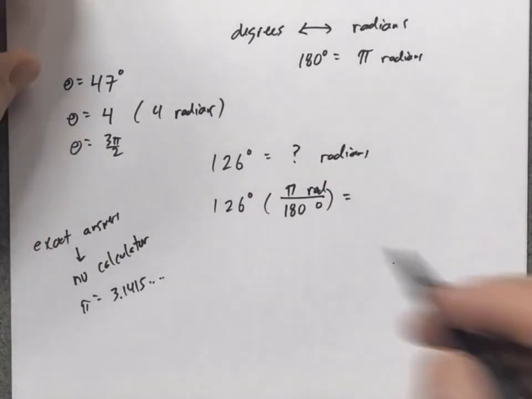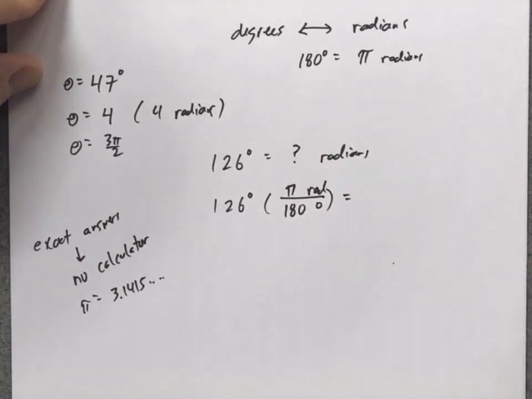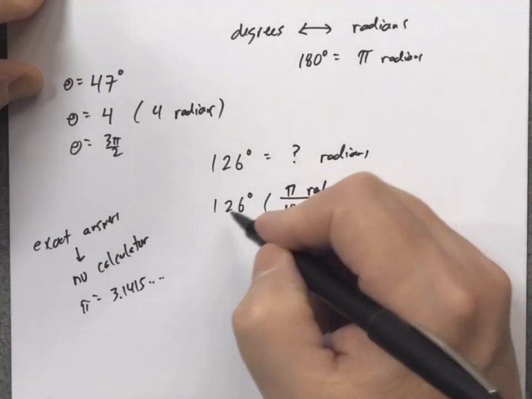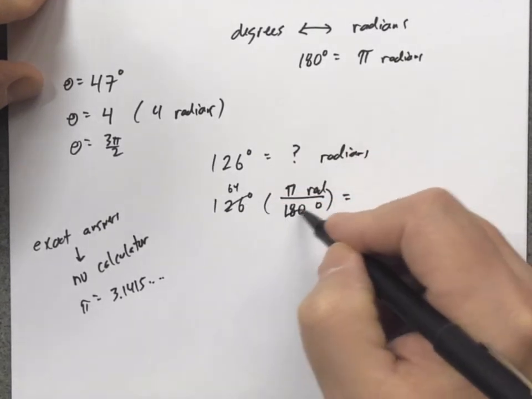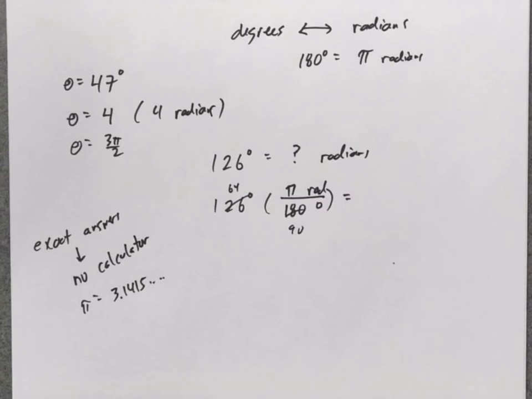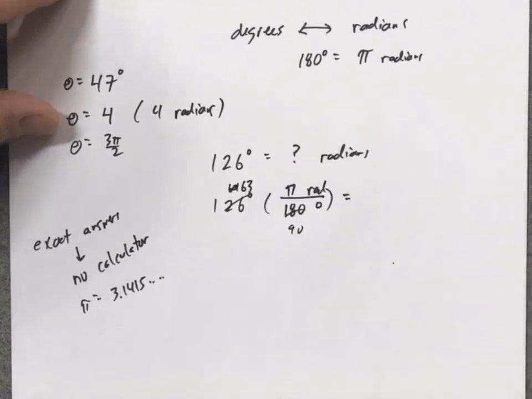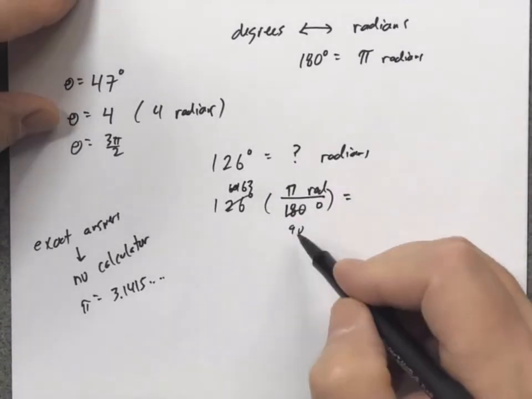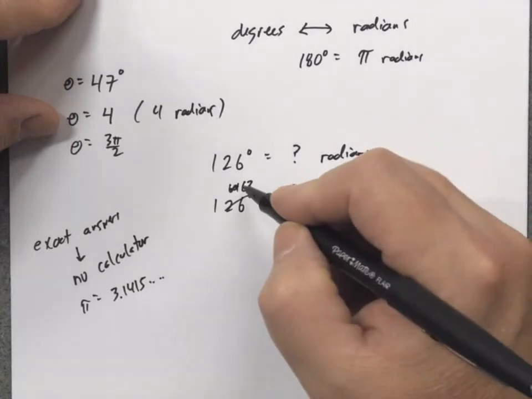So here, 126 over 180 looks like 2 goes into both of them, so I divide both of them by 2 to reduce. This is 63, sorry, and this is 90. And then I notice 63 and 90 have a common factor of 9. So let's divide top and bottom by 9.